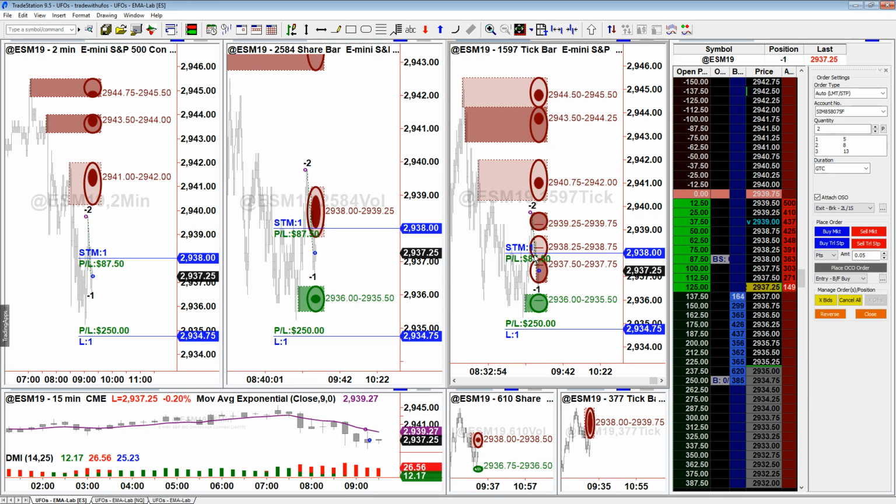But at the same time, if I was to go a little too high and only focus on the upper UFO, maybe you miss the trade. If I go all the way to the bottom UFO, then I take a little too much risk, because the two UFOs overlapping each other create a very wide zone. So I said on Sunday that's when it makes sense to go for the inner circle, because you have a more precise entry point while you reduce the risk.